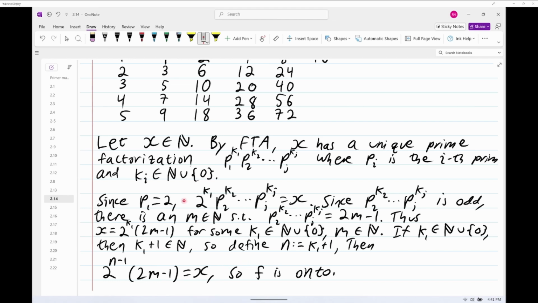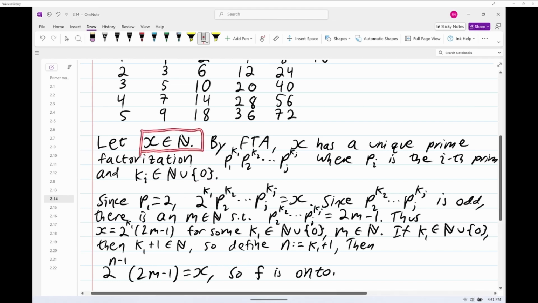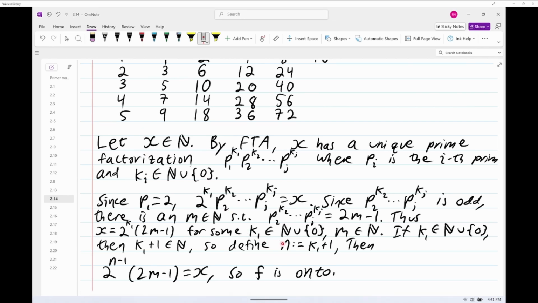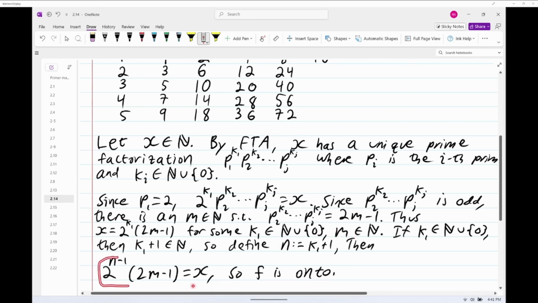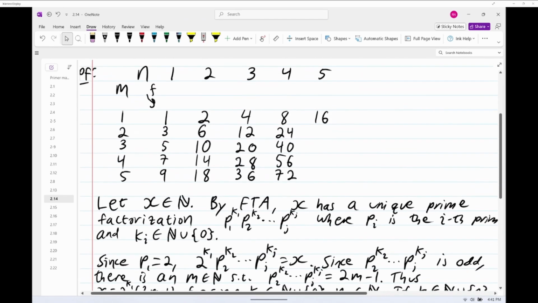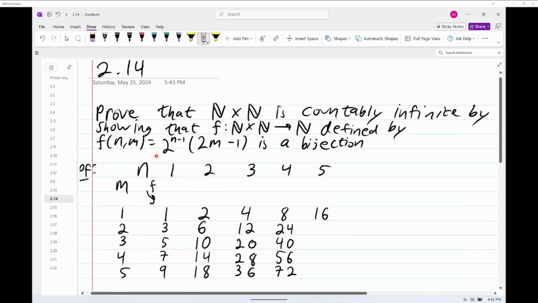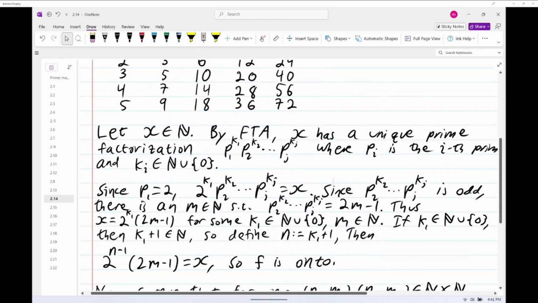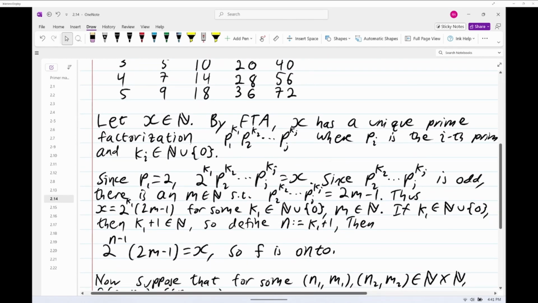I've let x be some arbitrary natural number, and I have shown that there is an n and an m such that this, which is equal to our function, is equal to x. So every x gets hit by something. So the function is onto.